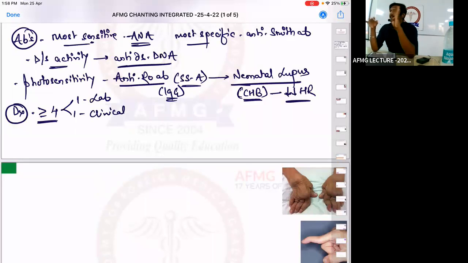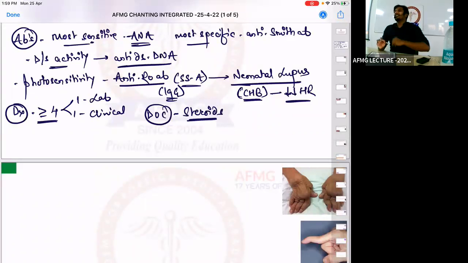So 1 lab, 3 clinical, or 3 lab, 1 clinical. By lab I mean all the antibodies which are seen. Okay, no issues with this now. Please tell me the drug of choice for SLE. It is an autoimmune condition. The answer would be steroids.